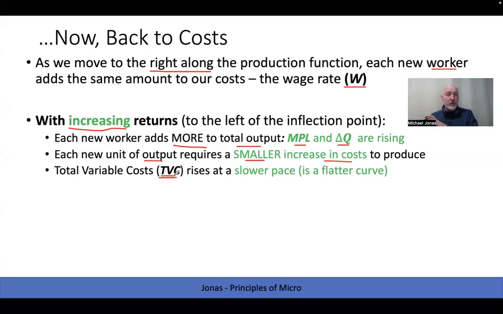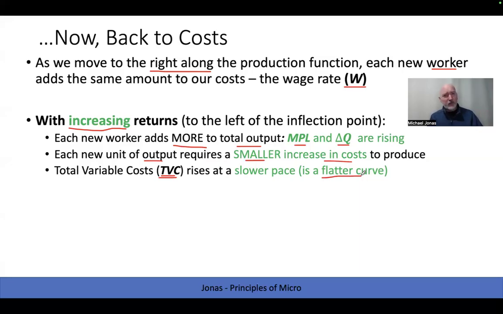It's exactly the mirror image of the production function. As labor gets more productive, the output they produce is less costly on an additional unit basis. So when we saw that production function get steeper and steeper, what we're about to see, this cost function gets flatter and flatter.